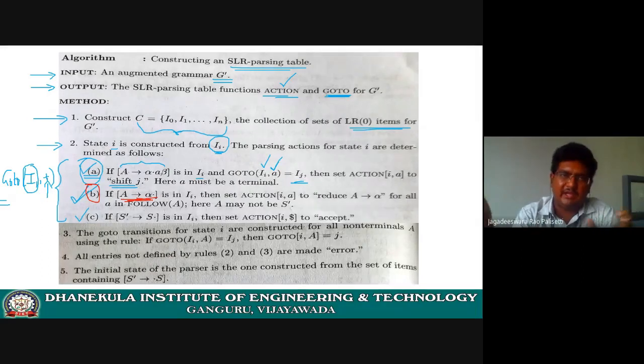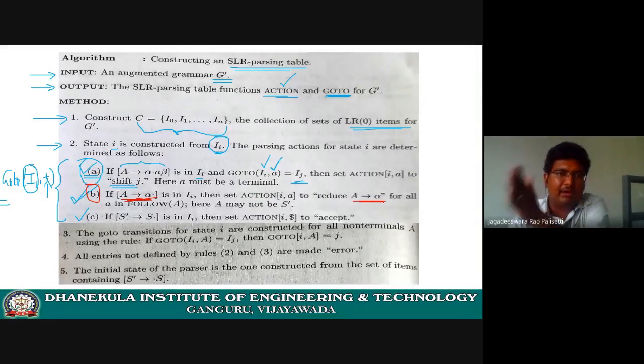If any state contains this type of production, we consider that state a reduced state. So what action do I have to perform? Reduce action. What do I have to fill in the table? Read this: set action[I, a] to reduce this particular production rule only.